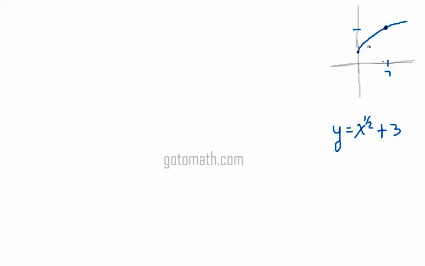So that'd be the fixed point here, and then we have this moving point that's moving along this curve right here, when x is equal to 7. And of course they give us something else, dx over dt, so moving in the x direction, which is 4 centimeters per second.